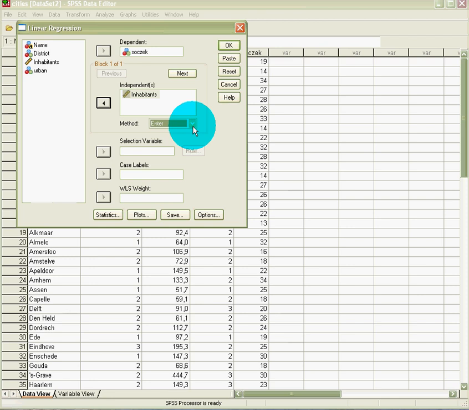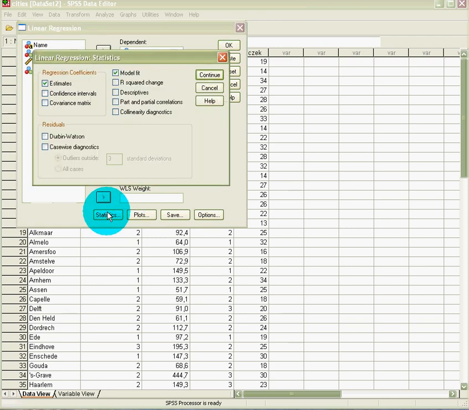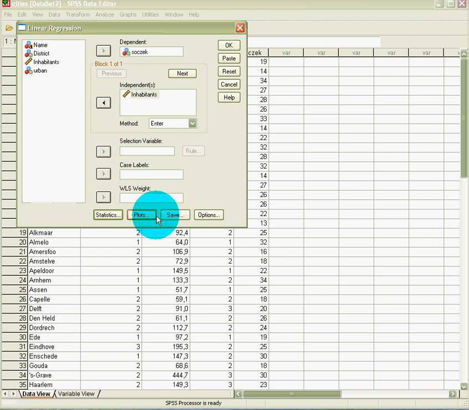Maybe we want to have some statistics, for instance some descriptives. The other terms like Durbin-Watson and collinearity diagnostics, we didn't discuss yet, so these are the things I think are feasible to click on. Continue. Do we want to have certain plots?